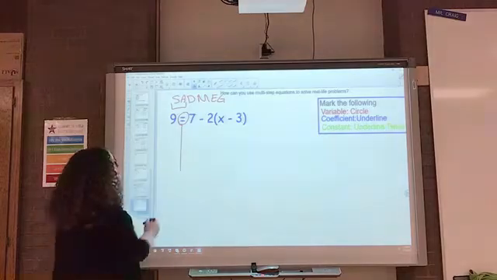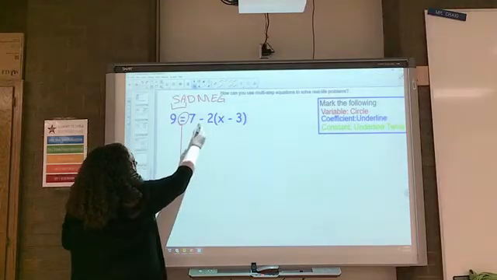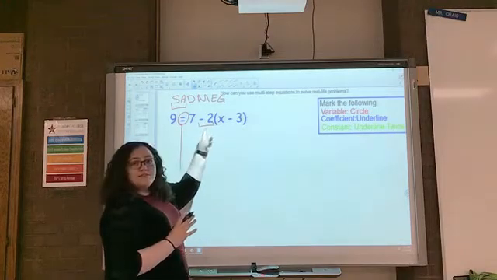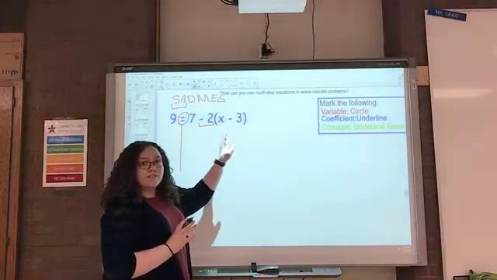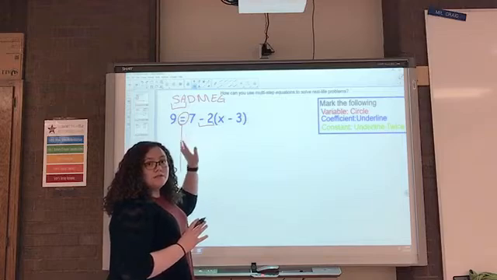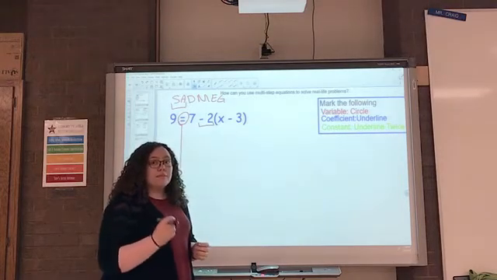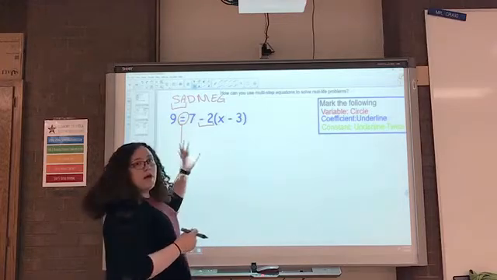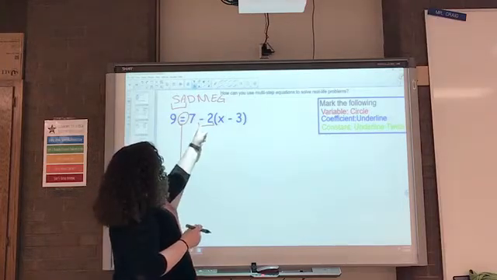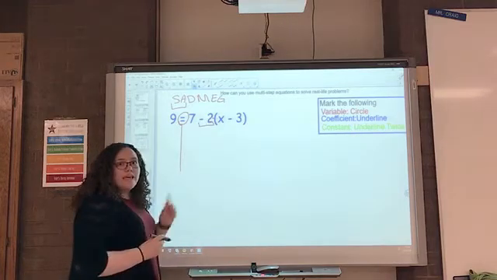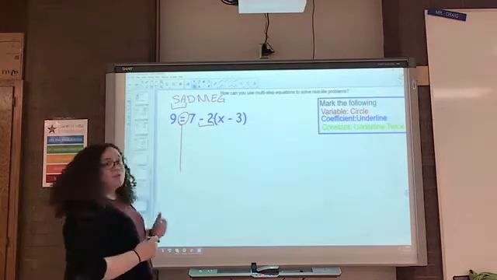Well, this 7 certainly seems to be positive because this negative is attached to the 2. By the way, side note, this -2 is attached to the parentheses. You cannot do 7 minus 2. That is an incorrect first step that a lot of people make. So keep in mind what each term is attached to. This -2 is times our grouping symbol, so we cannot subtract them. But we can subtract that 7.